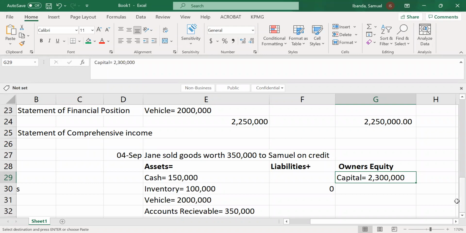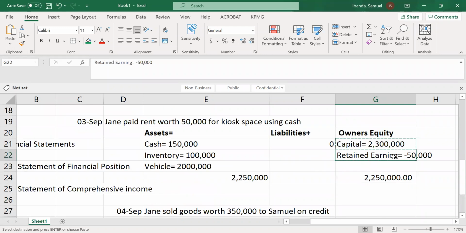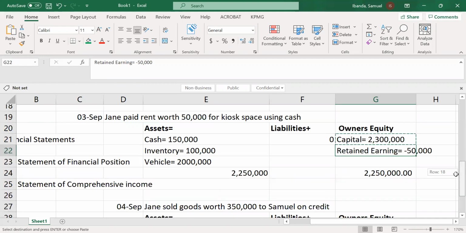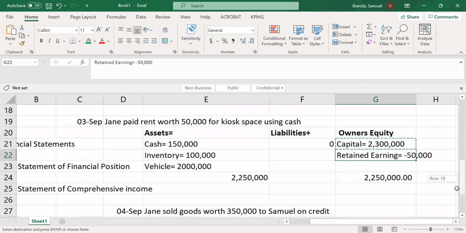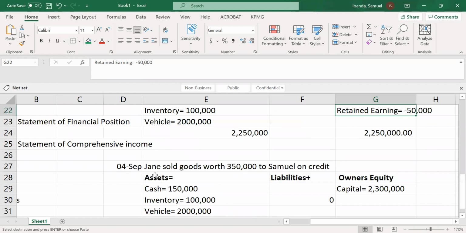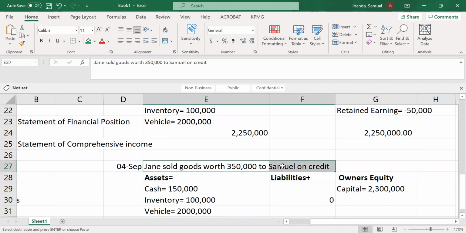Your question should be, retained earnings, do they remain the same? We had negative 50,000. Are the retained earnings remaining the same? It is not true that they are remaining the same. Why? Because this transaction of Jen selling goods worth 350,000 to someone on credit has an aspect of revenue.